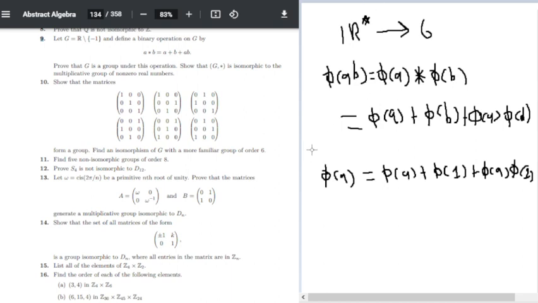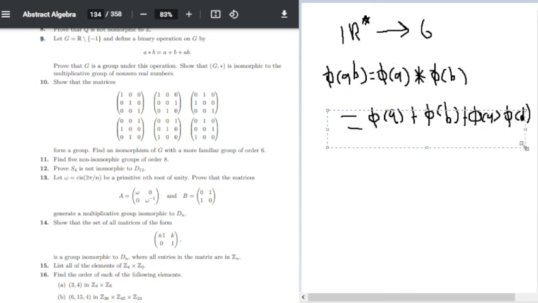Oh wait, this is weird. Because we have a reference. So we have phi of a b... this fundamentally then says that if phi of a b is equal to phi of a star phi of b, okay, let's think of going in the reverse direction, right?